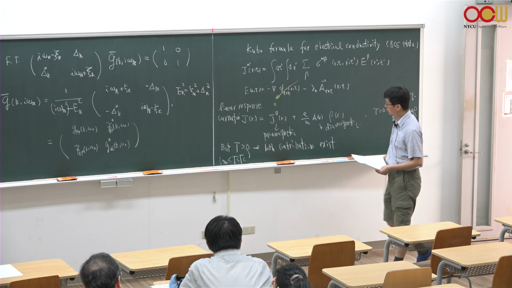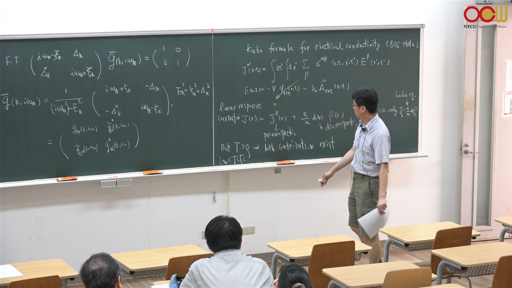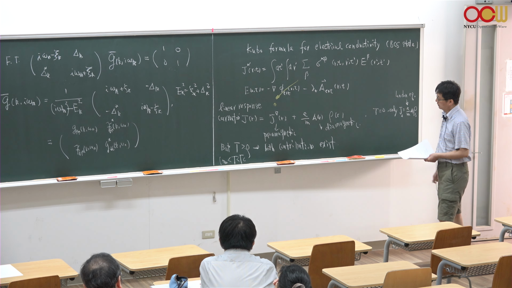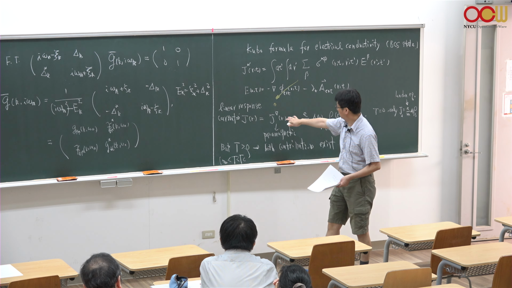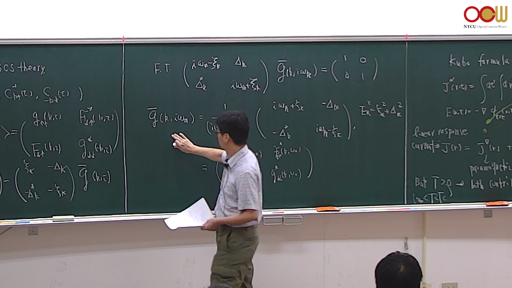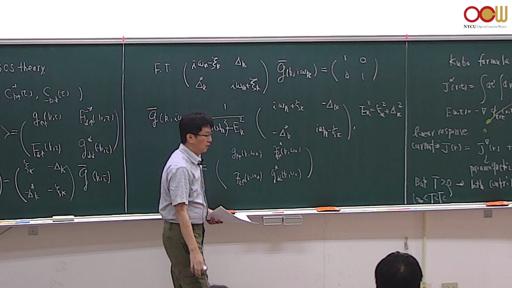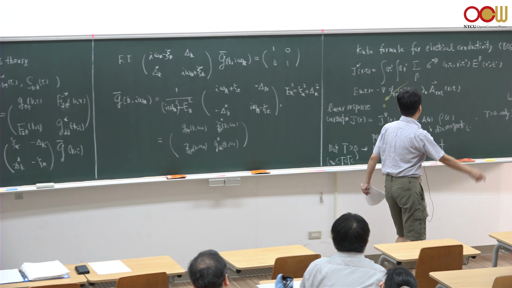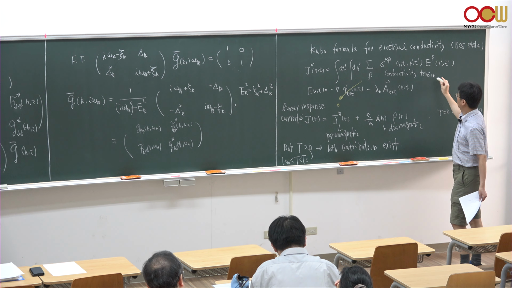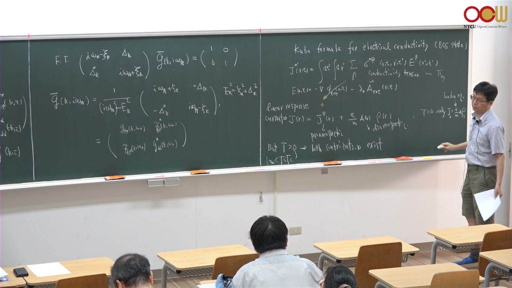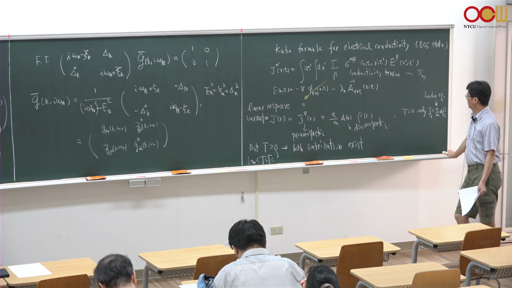We could define the paramagnetic part of the current operator, and also the diamagnetic part of the operator. Then we could rewrite this in terms of G bar, or at least this current correlator. So the conductivity tensor sigma alpha beta, remember, is proportional to pi alpha beta, plus a diamagnetic contribution.